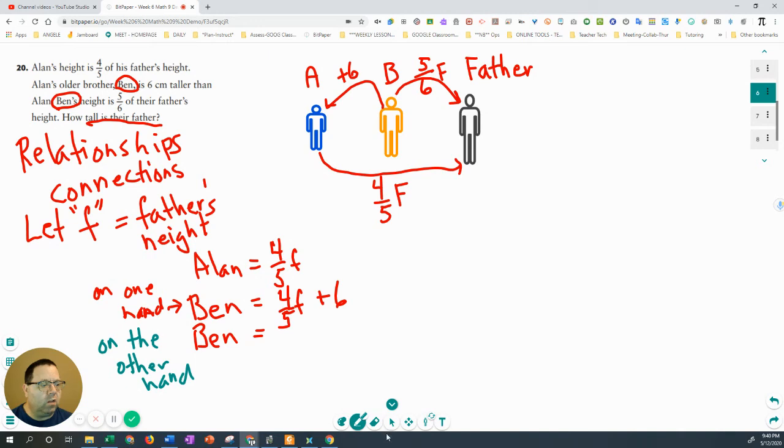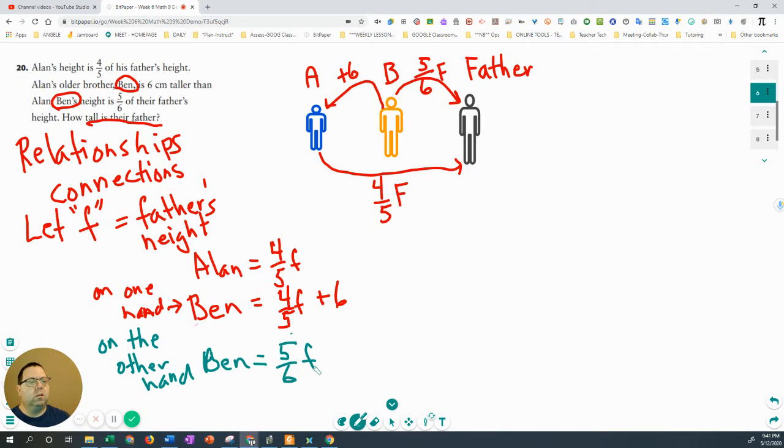On the other hand, I'm just going to erase this and rewrite it down here because I want more room. On the other hand, Ben is not 4/5, pardon me, 5/6. I was able to catch my mistake there. Ben is 5/6 of his father's height.